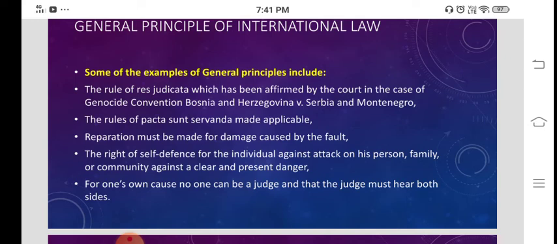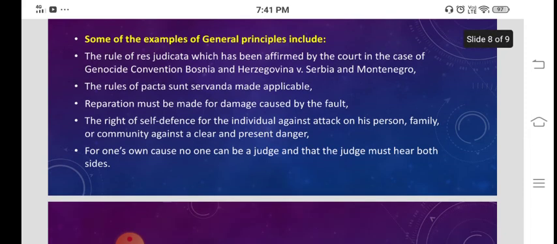Reparation must be made for damages caused by a fault. The right of self-defense for the individual against attack on his person, family, or community, against a clear and present danger. For one's own cause, no one can be judge, and the judge must hear both sides.